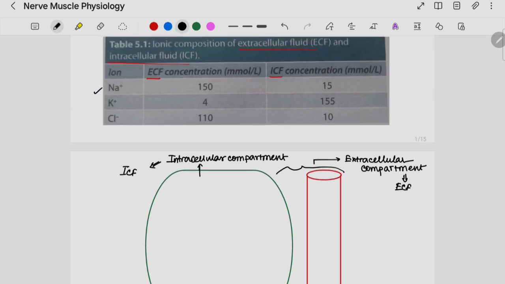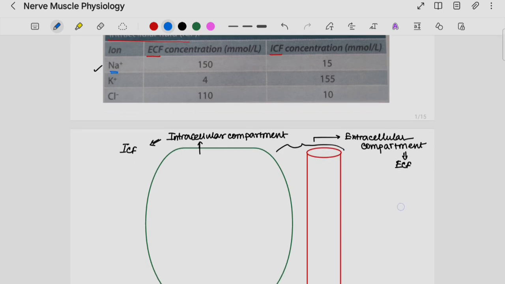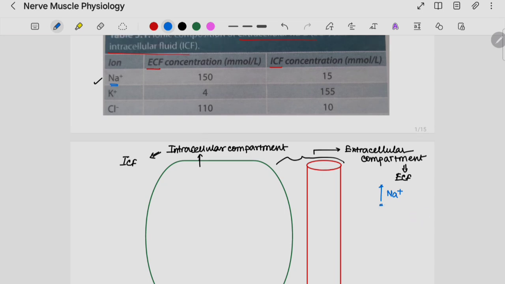So look at the values first. Sodium ion is higher in the ECF. So we're writing that sodium is higher in concentration in the ECF, right? And it is very less in ICF, right?